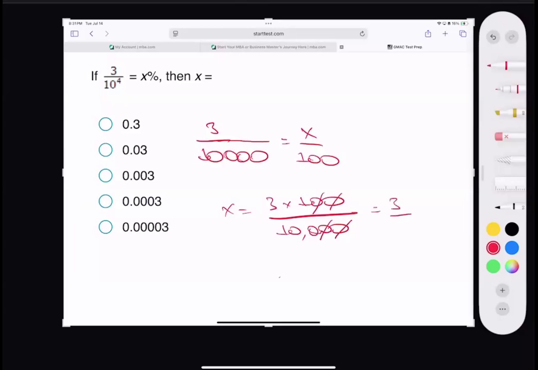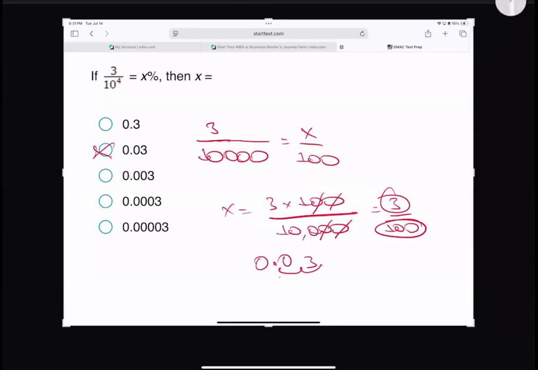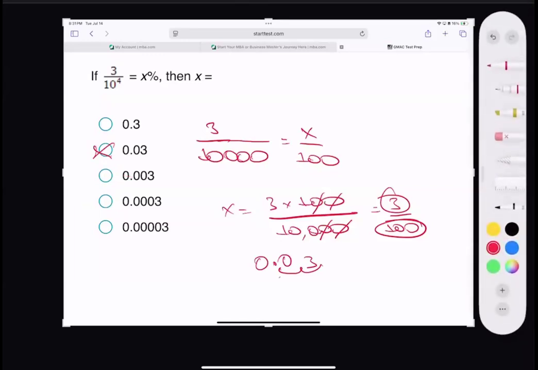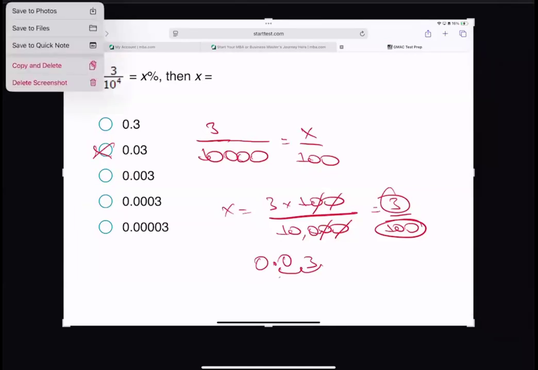Is 3 over 100. 3, 1, 2, 3. Is that okay? Oh no, it's 2. Sorry, it's 2. 3%. Is that okay? Good? Super easy.